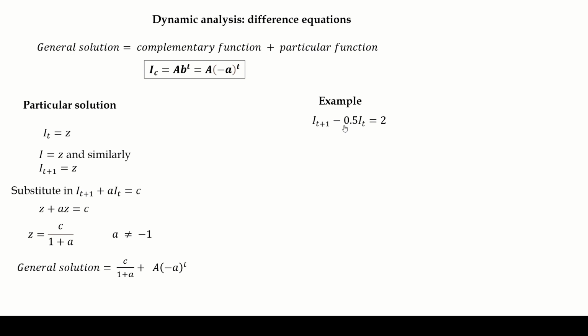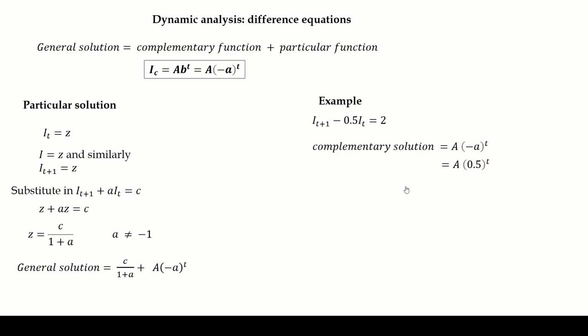And the value of a in this case would be minus 0.5. For the complementary solution, we know that it is A into minus a raised to the power t. So once we substitute minus 0.5 for a, it would become A times 0.5^t.